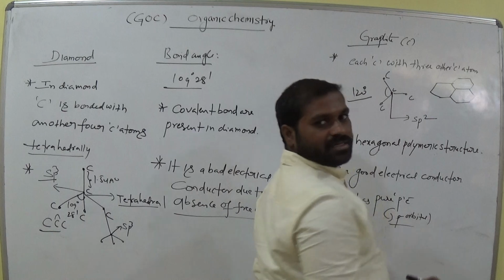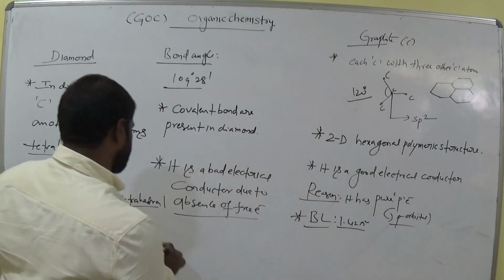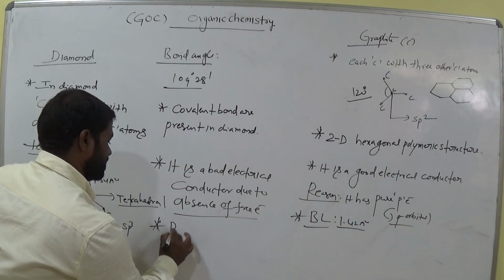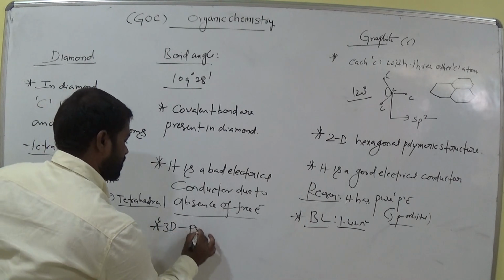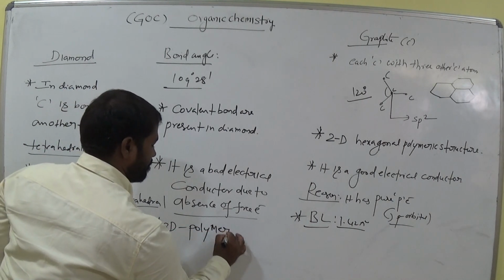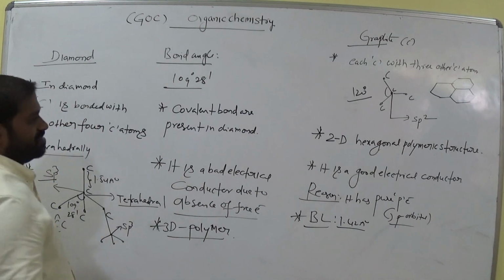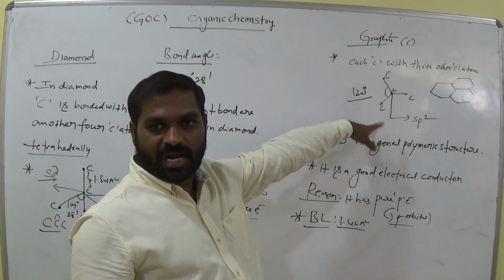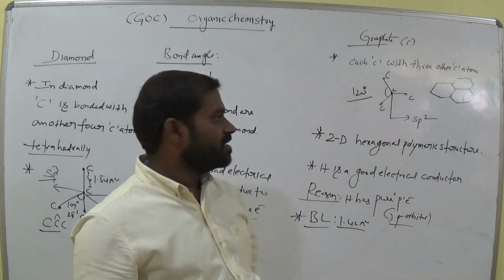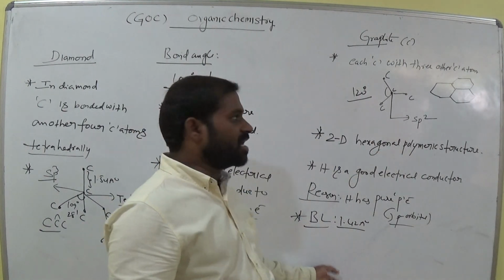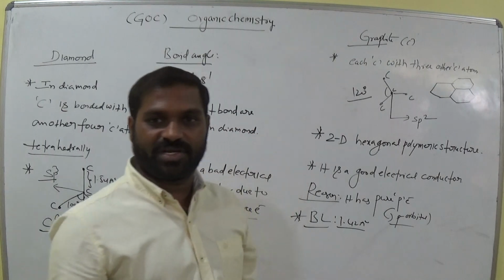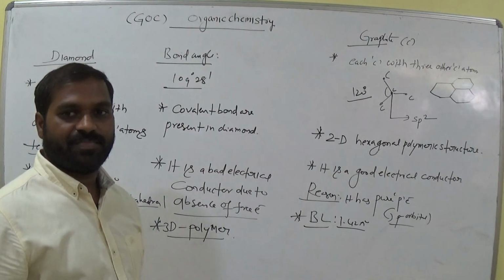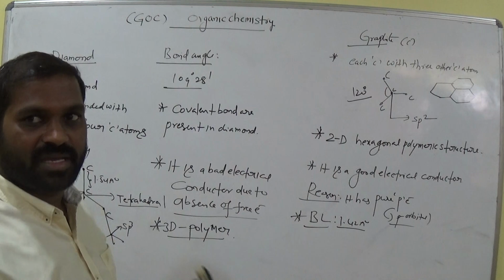So two dimensional layers, but overall it is a three-dimensional polymer. Strong within layers, weak between layers. We use graphite in pencils also. Weak van der Waals forces are there between layers. We will discuss in the 14th group also. This is just an introduction. We will meet again tomorrow. Have a nice day.